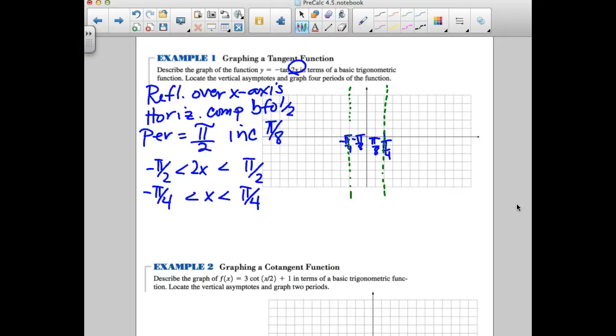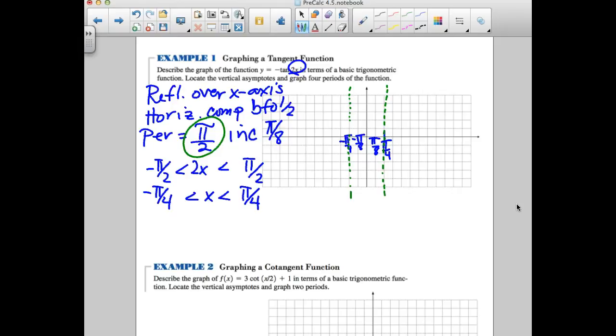Now they told us to graph 4 periods. In terms of labeling your tick marks, it can get pretty messy and cluttered if you have to label all of them. You must label the tick marks for all 4 tick marks inside 1 period. But beyond that, I'm okay with you just marking the ends. So if we go another period, which we said was pi over 2, same as 2/4, yes? We were at 1/4 here. If we go 2/4 more, we're at 3/4.